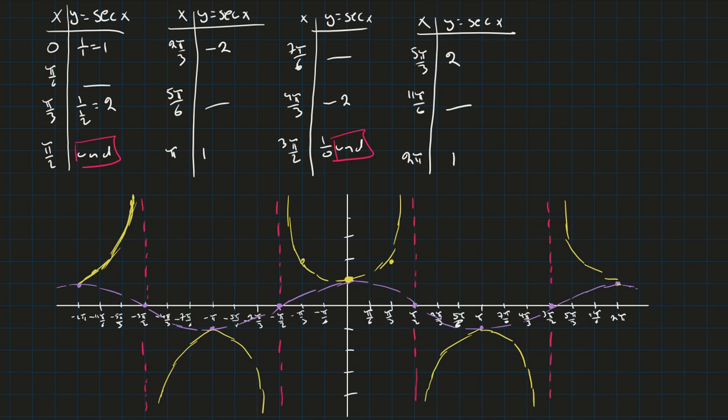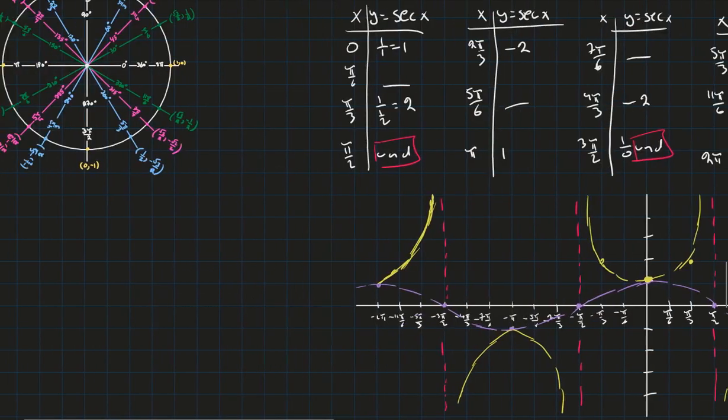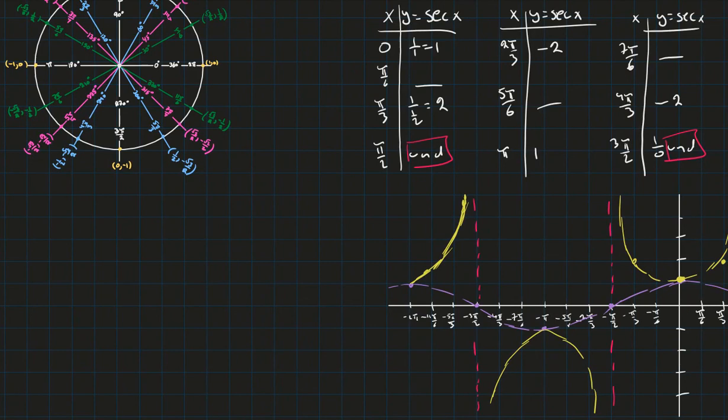All right. So with that, let's again just write down some of the key things over here. Period. Still 2 pi. Domain. Again, this is going to be all real numbers except odd multiples of pi over 2. Take a look.